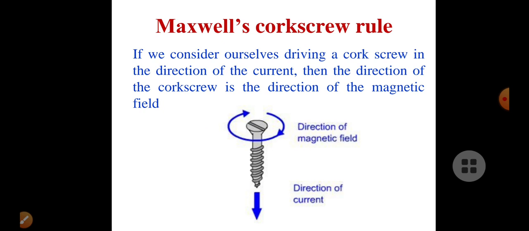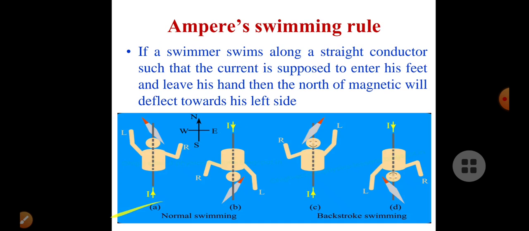The direction in which you rotate the lid gives the direction of magnetic field, and the lid going downward to close your bottle gives the direction of current. You can experience it at home also.